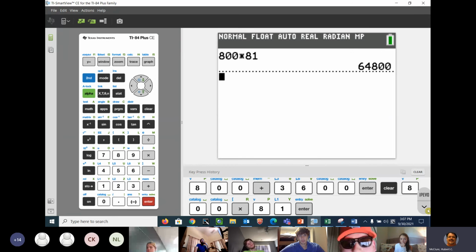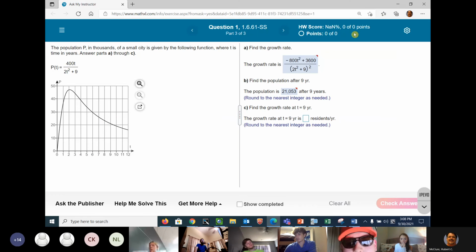Let me read the directions. Find the population. You're supposed to plug 9 into the original equation. I hate when they do that. I didn't read the directions.